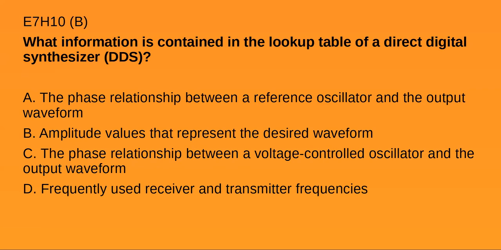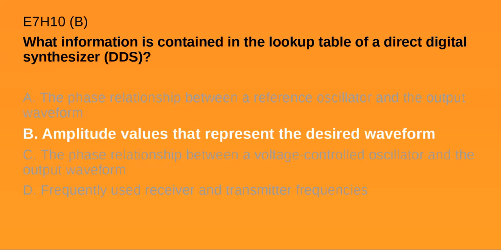The desired waveform, because the waveform can be anything you want that you've programmed in that lookup table. So if you want to build a piece of test equipment that's a multi-waveform output signal generator, you just have multiple lookup tables that you'd switch to depending on what output you wanted.